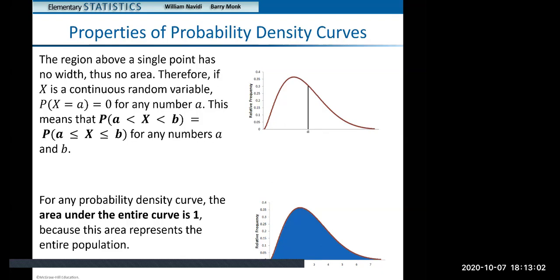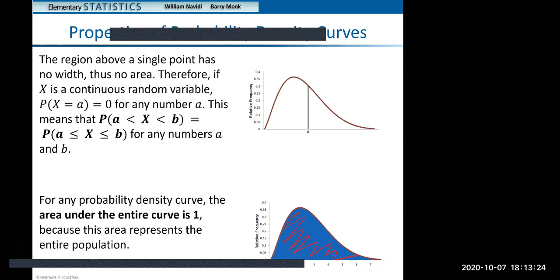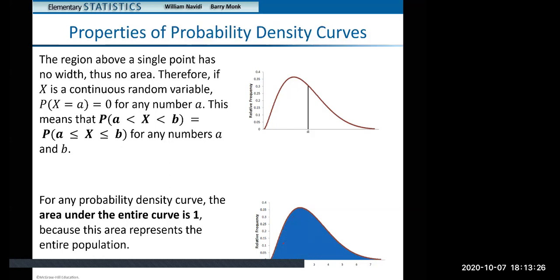We're still talking about probabilities here, and your answer should be between 0 and 1. So take note again, if you talk about the area, your answers must be between 0 and 1.